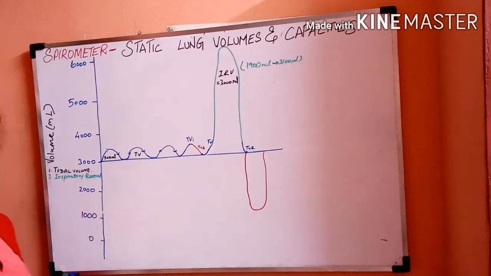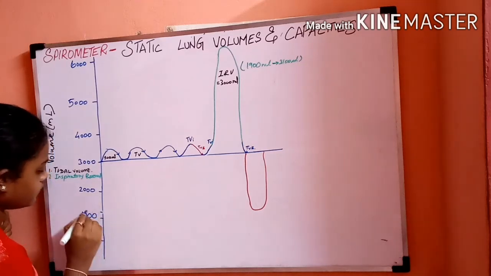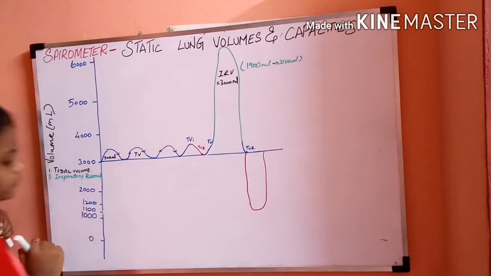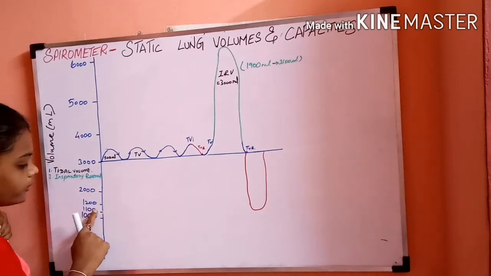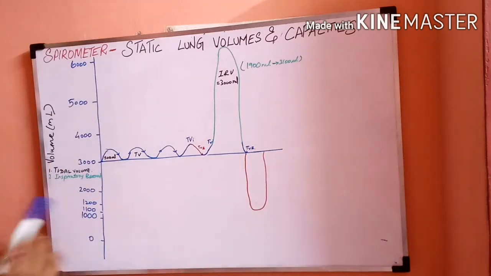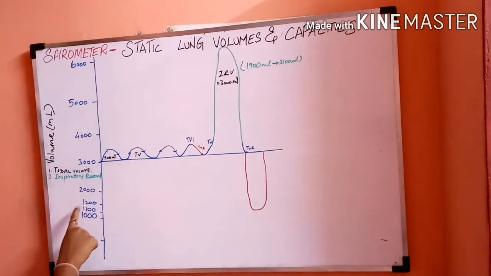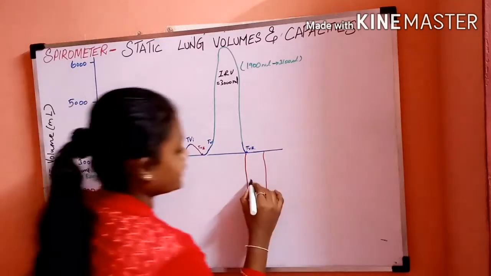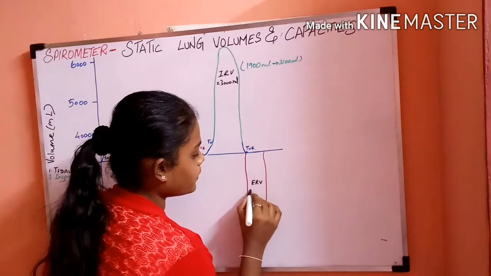Okay, so 1,100 we can keep here. 1,100 இங்க இருக்கு, and மேல 1,200. So 1,100 is what? Expiratory reserved volume. So 1,100 ml will be expiratory reserved volume. Expiratory reserved volume equal to 1,100.